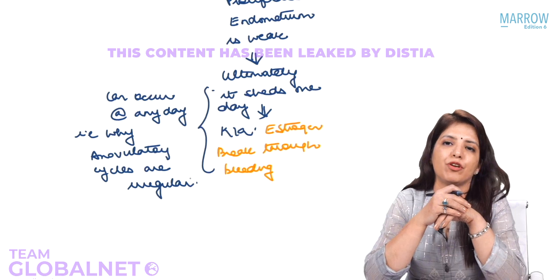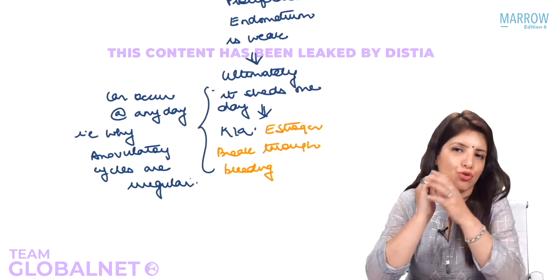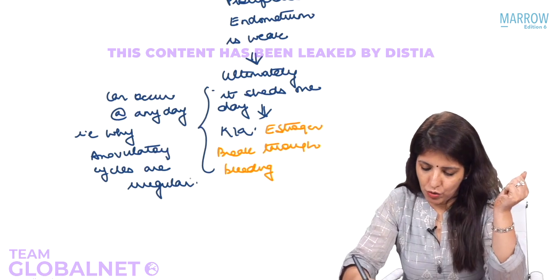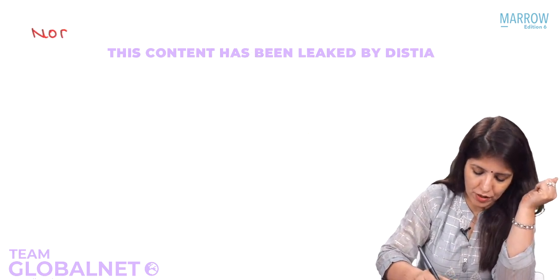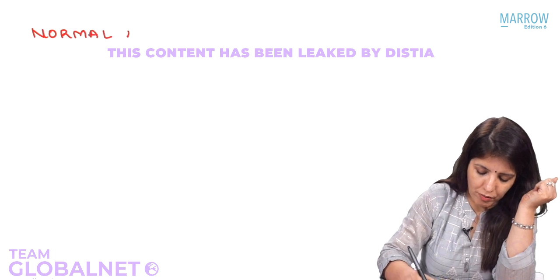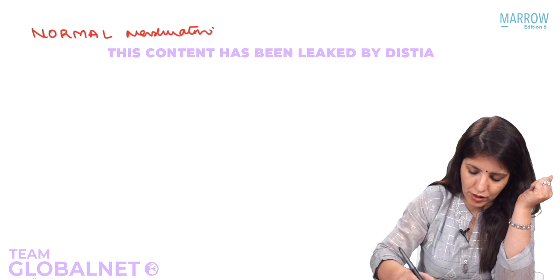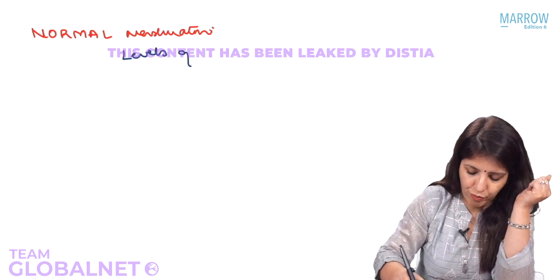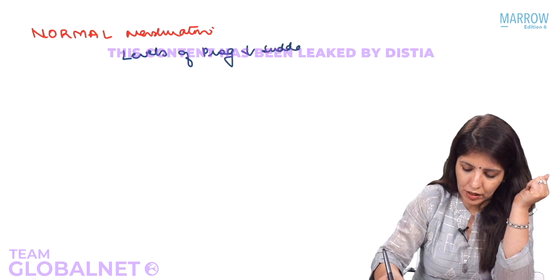Right? Another thing about anovulatory cycles. See, when a female is having menstruation due to decreased progesterone, right? So, normally, what happens for normal menstruation? In a normal menstruation, the levels of progesterone decrease suddenly.